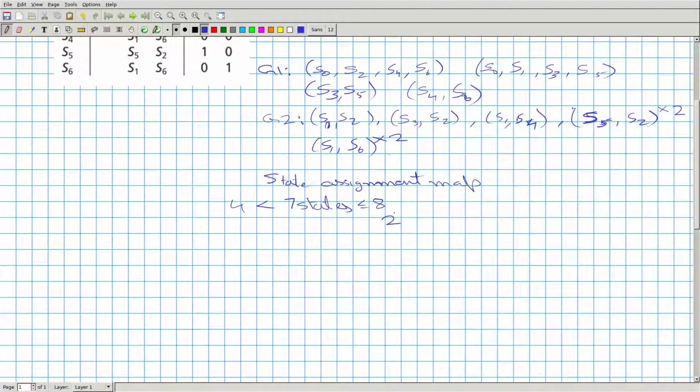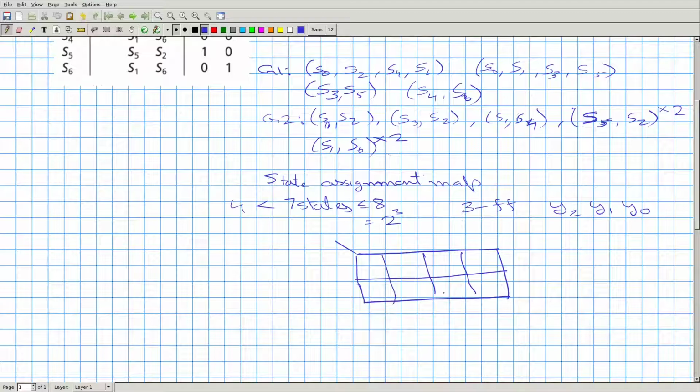So 8 is 2 raised to power 3, so we need 3 flip-flops. And let's name those 3 flip-flops Y2, Y1 and Y0. And let's draw a state assignment map, which is like a K-map, but instead of filling ones, we'll fill the state name. So here we have Y2, Y1 for these 2 columns, and Y0.